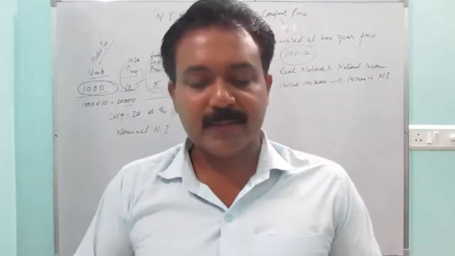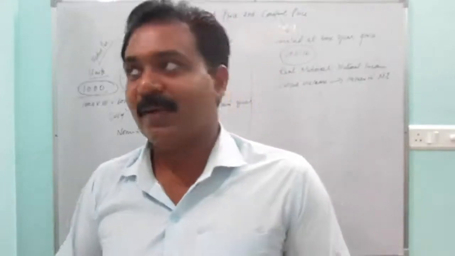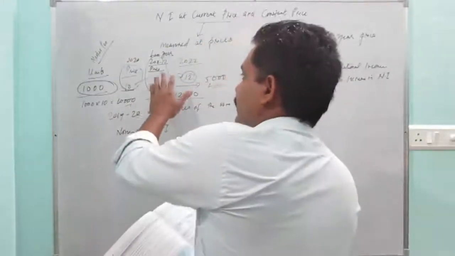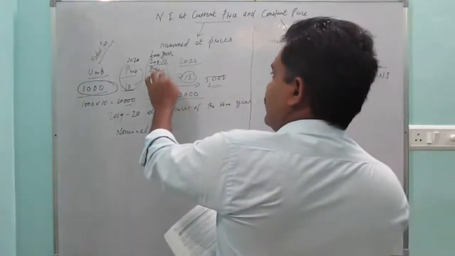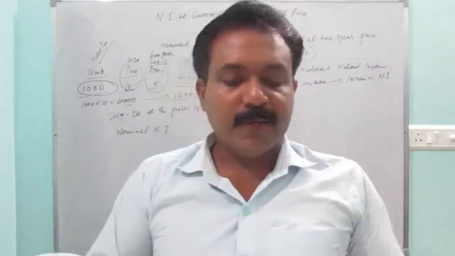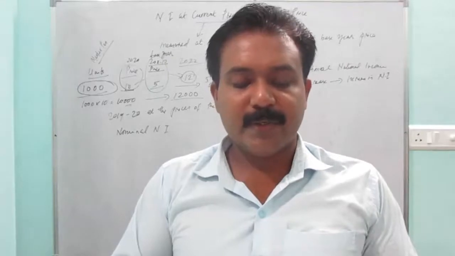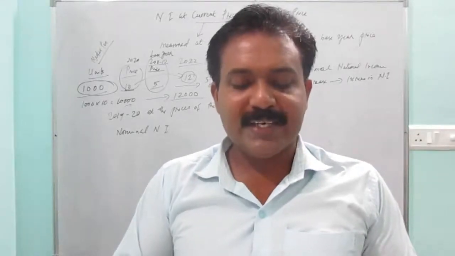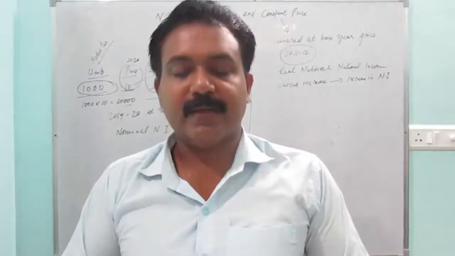Then why do we measure national income at prices of the base year? Now the question is why have we selected this base year. The need for estimating national income at a constant price arises because national income at a current price may give a misleading picture of the economic performance if the prices are continuously rising or falling.